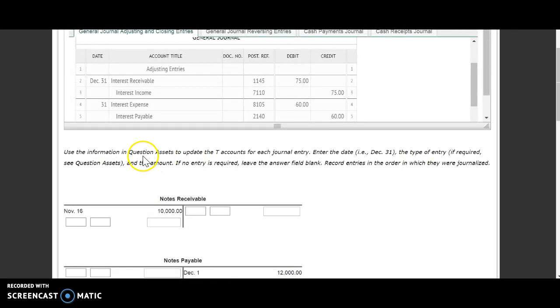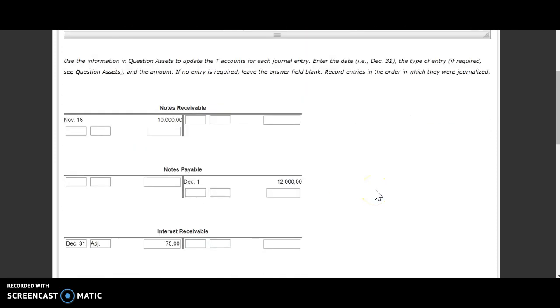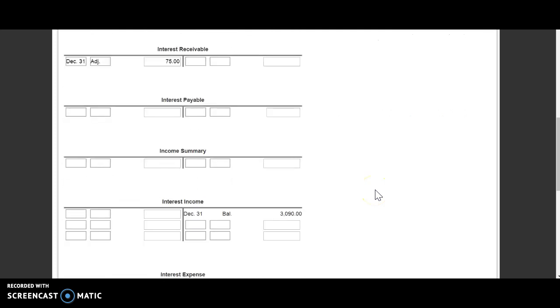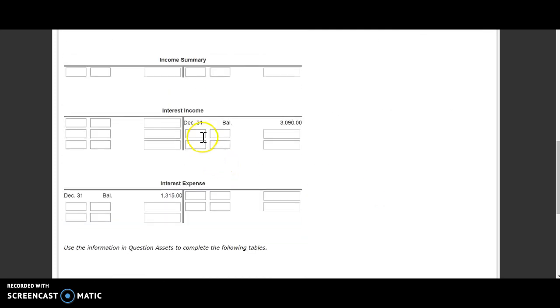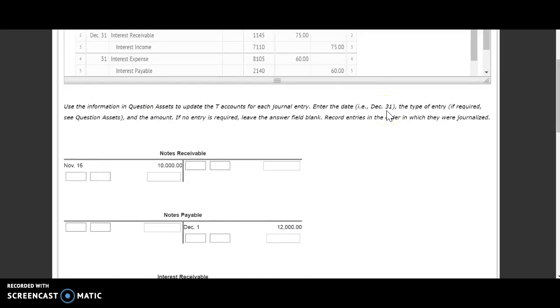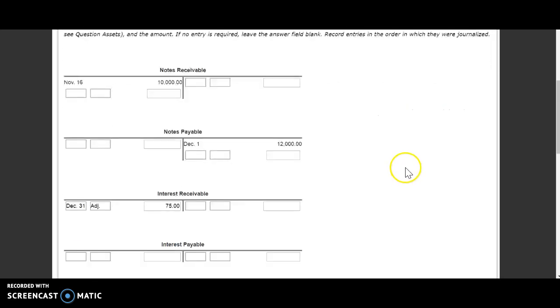Okay, now I'm going to go back up. I'm looking at interest income now. I have a credit of 75. So going to my interest income, it is December 31st. This is adjusting, and it is a credit of 75. Next one, I have a debit to interest expense.